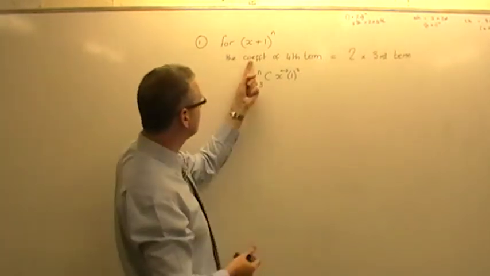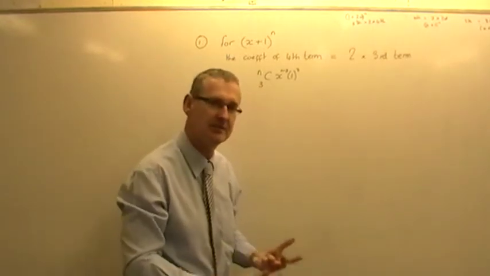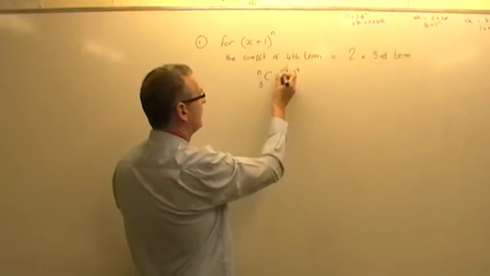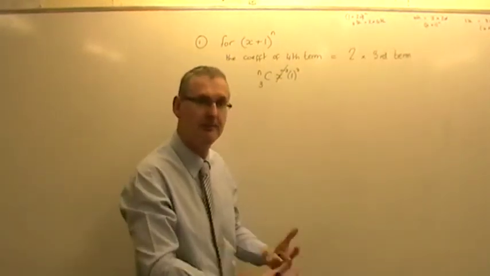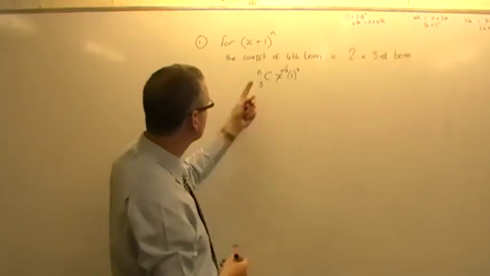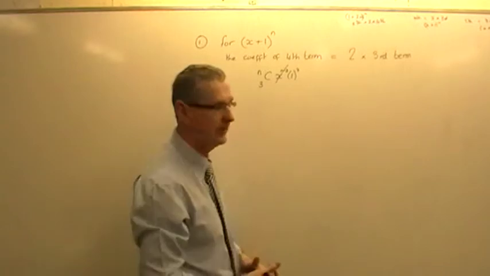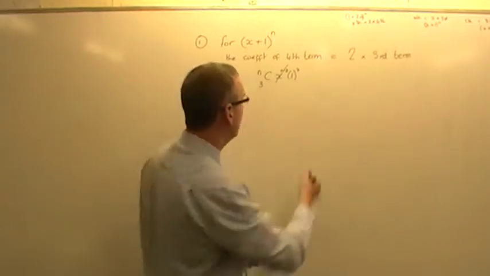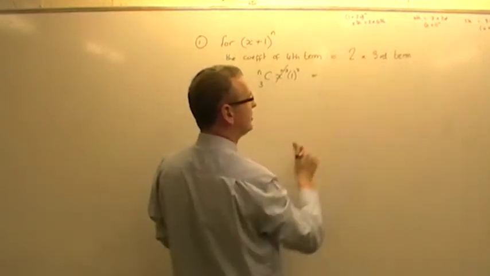Now I'm only interested in the coefficients of these terms. In other words, I'm not interested in the x's themselves. The coefficient is just the number in front of the x bit. So n choose 3, multiplied by 1 to the power 3, is the coefficient. And the examiner is telling you that that is equal to 2 times the third term.